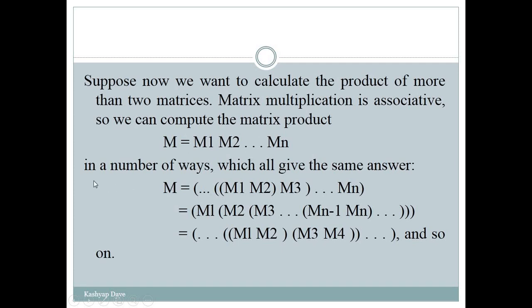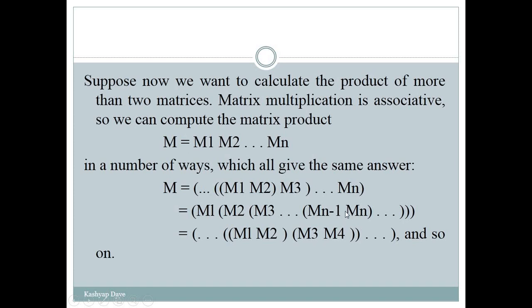So there can be a number of ways to find this M. If we first calculate M1 into M2, then we multiply with M3, and after it we multiply with M4, that is possible. Another way, we multiply M1, then M2, then M3, then M4, one by one.